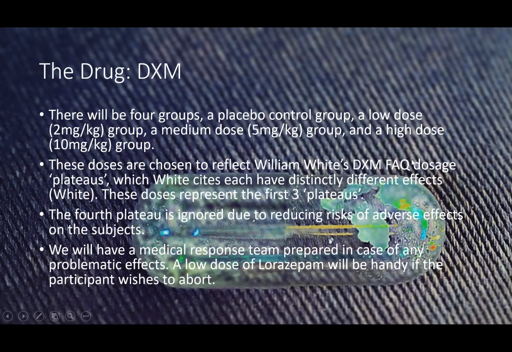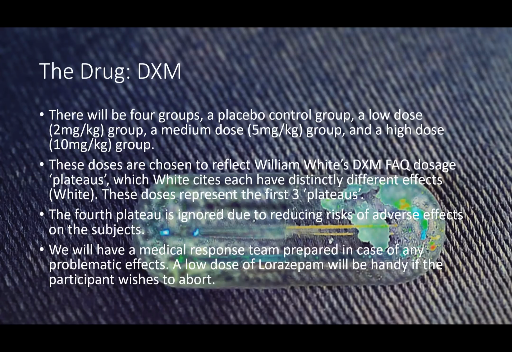This is a fascinating document where someone collected a lot of information about this DXM drug and compiled it into a massive document detailing effects at all the different ranges of doses, talking about how there are distinct changes of effects, and it isn't just a spectrum.